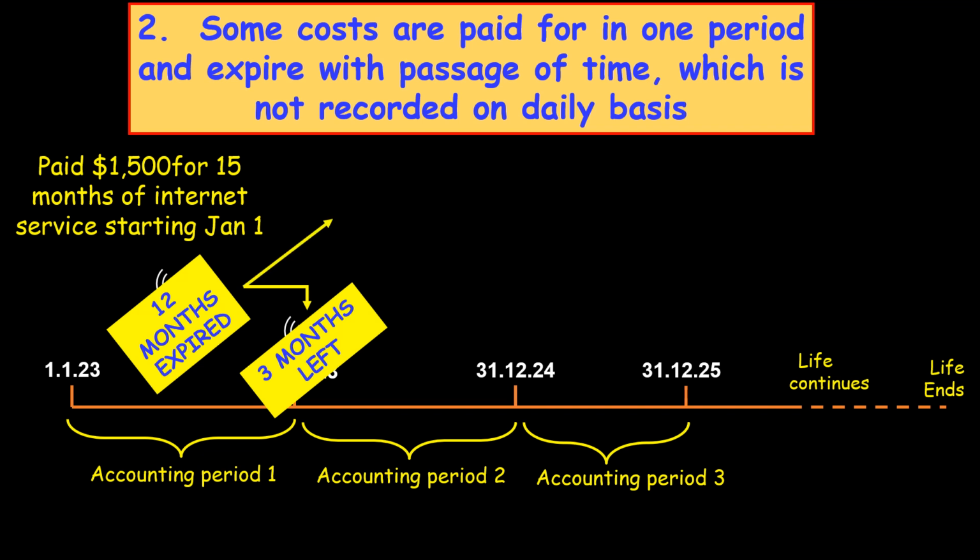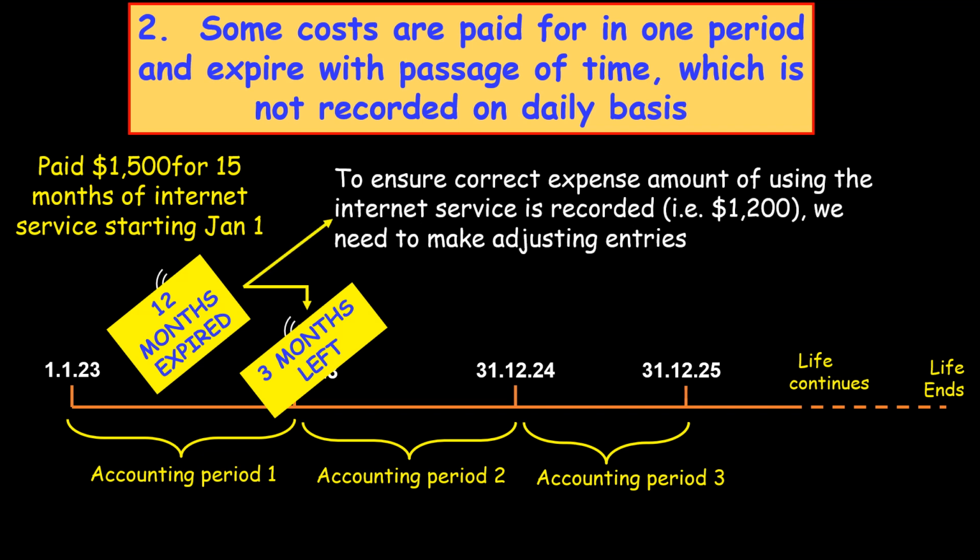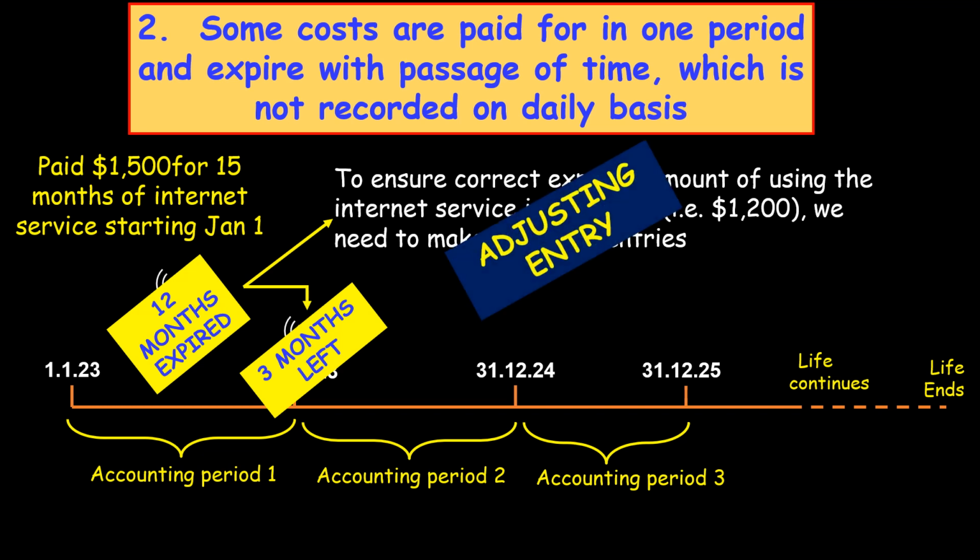And therefore, the accountant will record the 12 months that are expired, for example, in the accounting record, and the fact that 3 months are still left, and that will be done through an adjusting entry. So again, in this example, internet expense is not recorded on a daily basis, rather it is updated at the end of the accounting period.